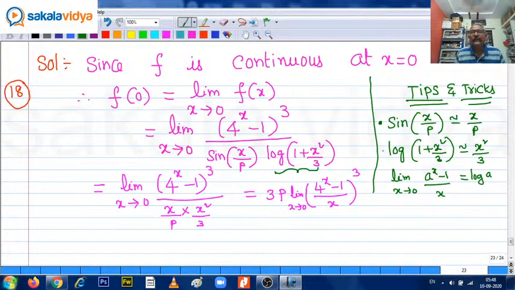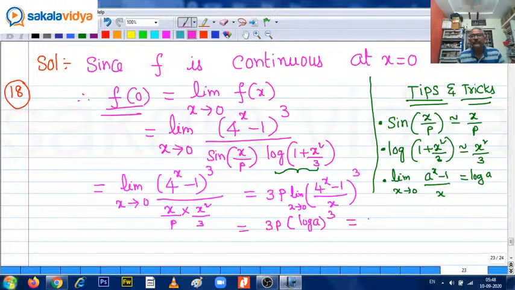This is the first fact, the second fact is the formula. Using these three concepts we can solve this problem very easily. Now we can write this equals 3p times, instead of 4 power x minus 1 by x, log a whole cube. But according to the problem, f of 0 is given. What is f of 0?